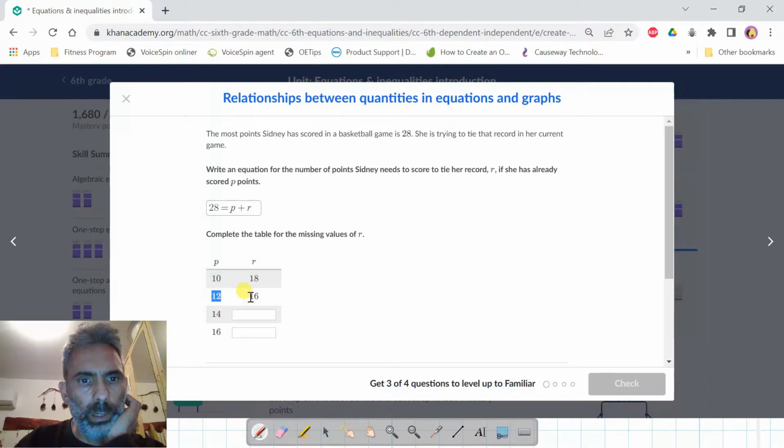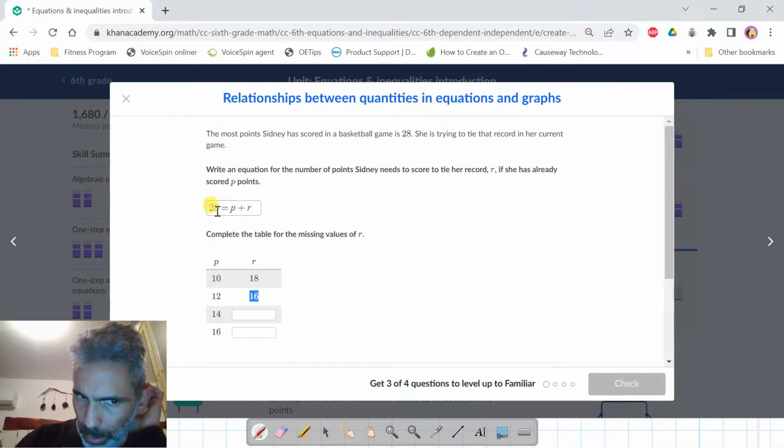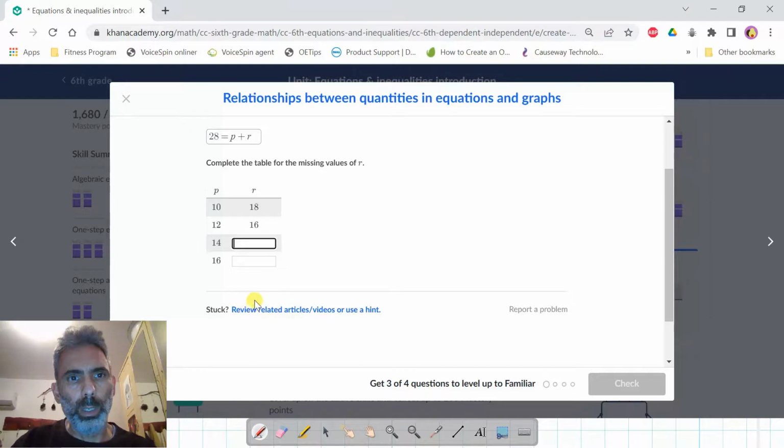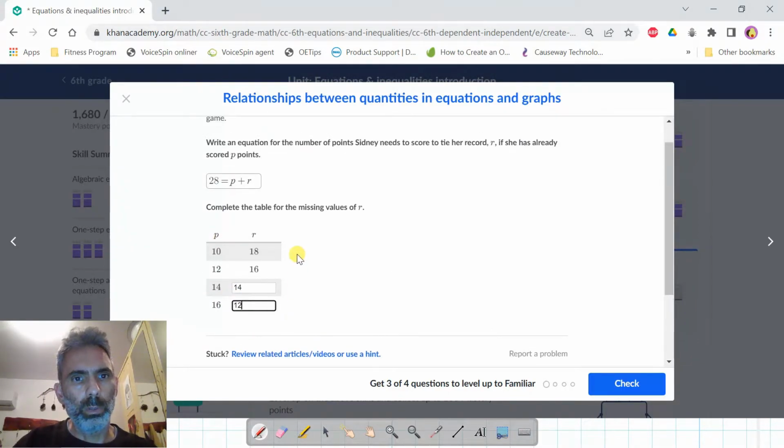If she scored 12, she needs to add 16 to get to 28. If she scored 14, she needs to add 14, sorry, to go to 28. 14 plus 14 is 28. If she scored 16, then she needs to score 12 more.